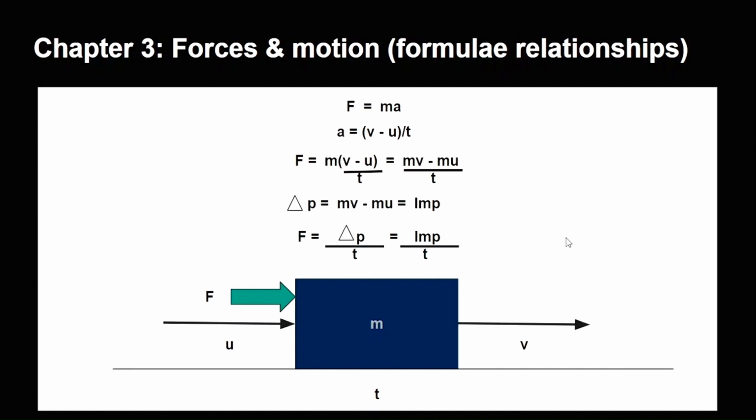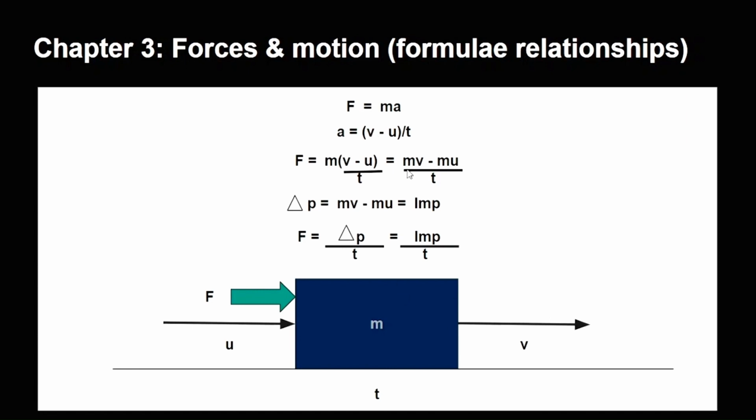So we'll start off with the formula for force. Again, we've got the same system as before. We've got an object of mass m with an initial velocity of u, which has a force F acting on it over time t, which results in a final velocity of v. So the force on this object is going to be the product of its mass and the acceleration.